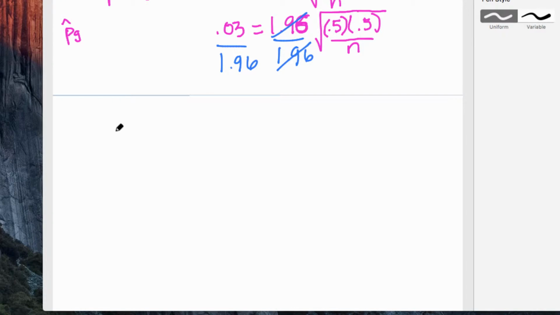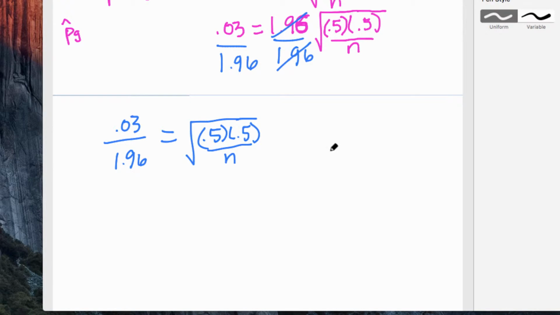I'm going to leave this non-simplified for a reason, so just bear with the algebra. 0.03 divided by 1.96 equals the square root of 0.5 times 0.5 divided by n. And really, this is the only time you actually have to go through all of this math. In the end, I'm going to show you the shortcut formula, but I want you to understand where this came from.